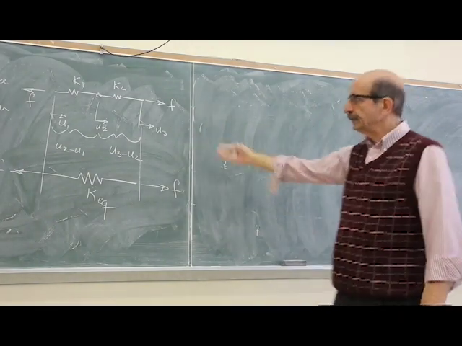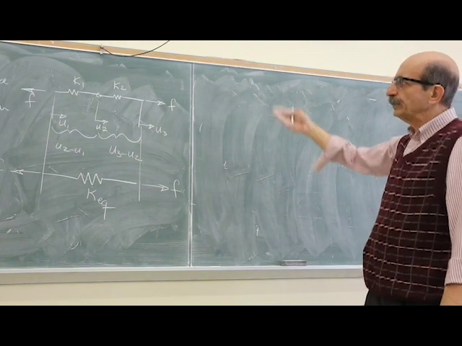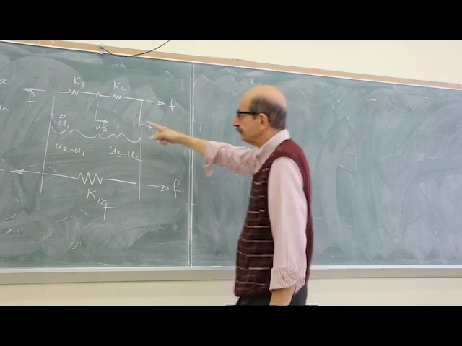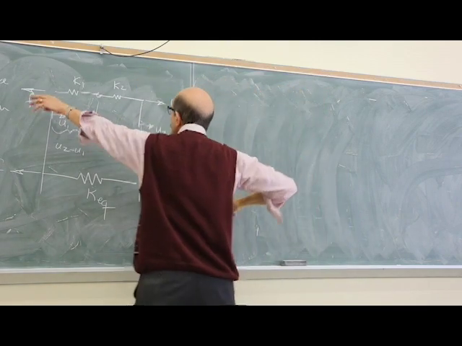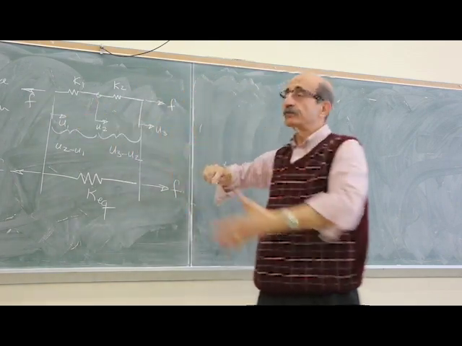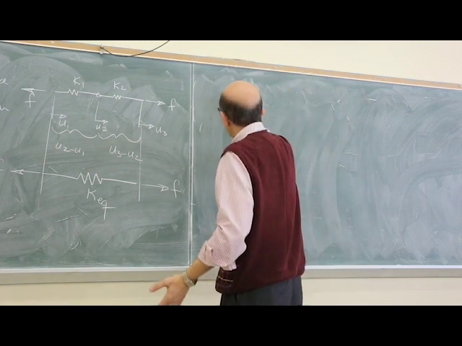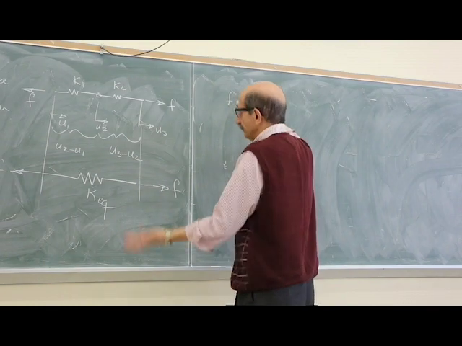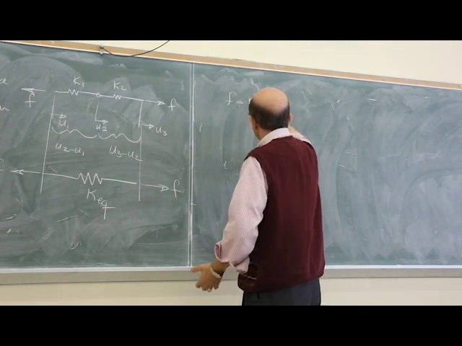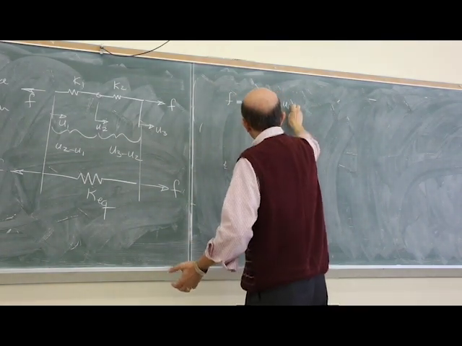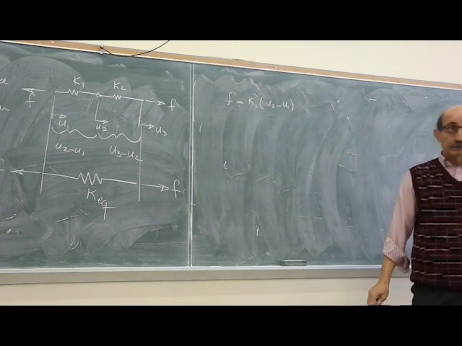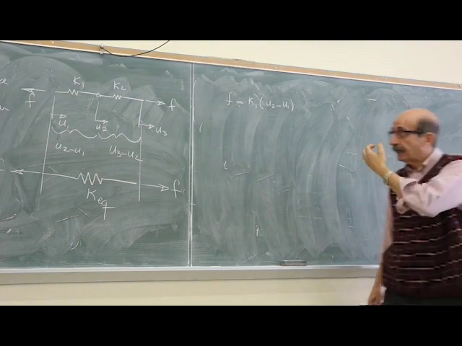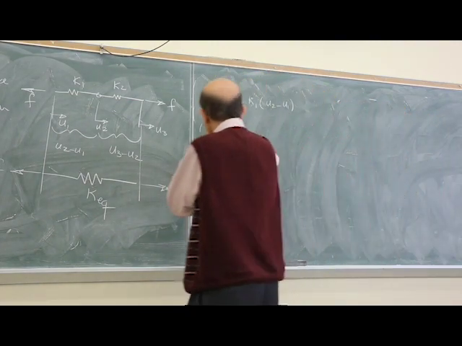So let's look at a free body diagram of each case. In the first case, each of these is subjected to the same force. So spring number 1 will experience this deformation, U2 minus U1. That's the relationship between the force in that spring, its stiffness, and the deformation that it goes through.